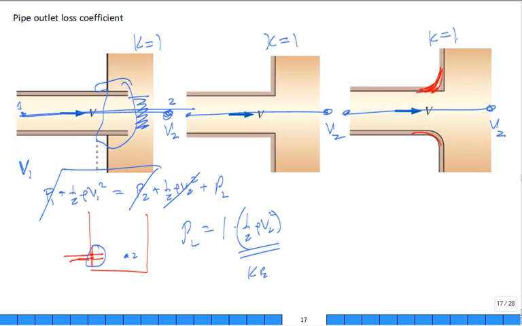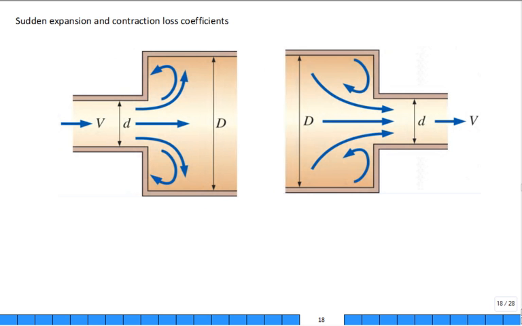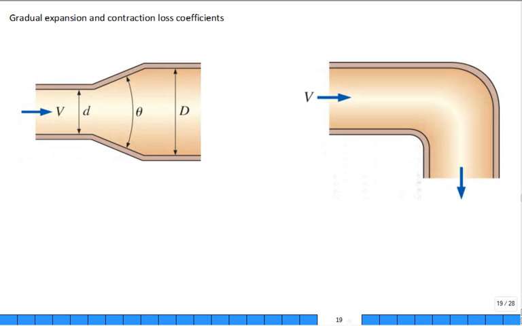All right. If you have sudden expansions, you could have a more significant recirculation region, and you get a larger K. Look at the plots in the textbook. Similarly, if you have a sudden contraction, look at the plots in the textbook.